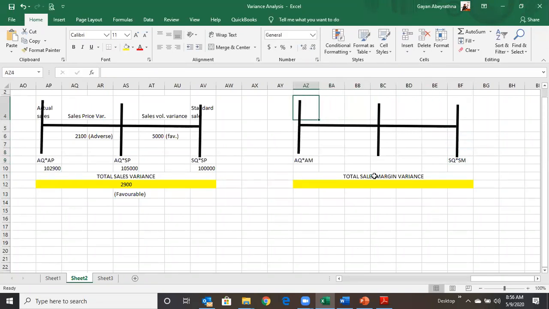Here actual sales margin, here standard sales margin.